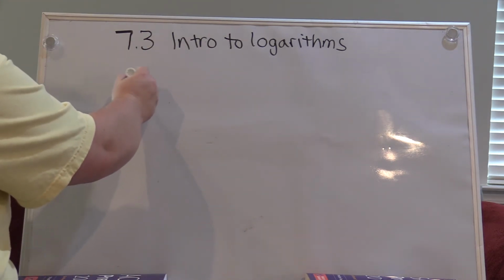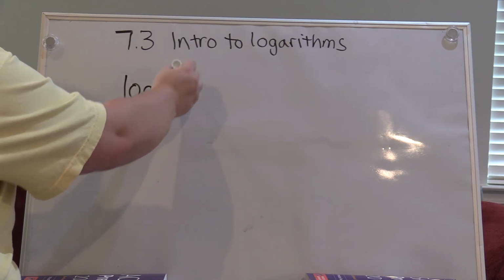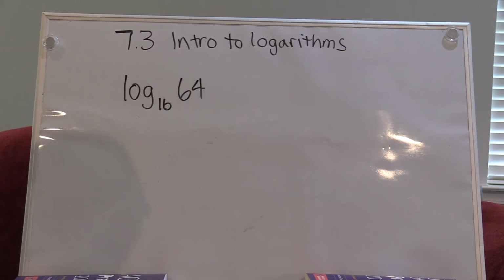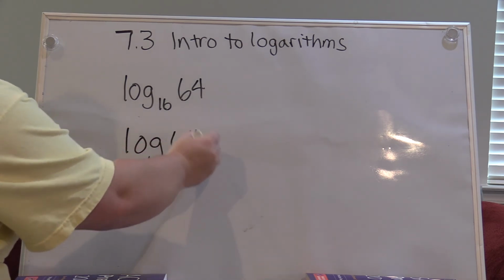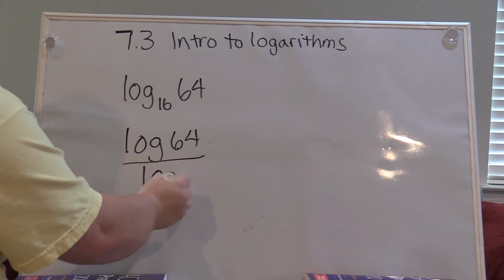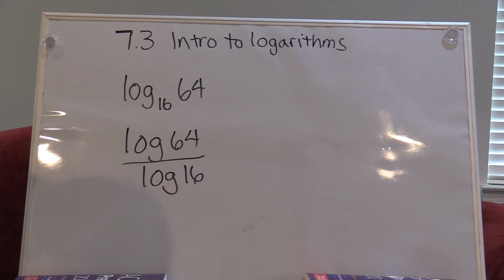So I have log base 16 of 64. I can't raise 16 to any integer to get 64. So I'm going to do the log of 64 divided by the log of 16. If your calculator opens parentheses when you press the log button, you have to close it, then divide.